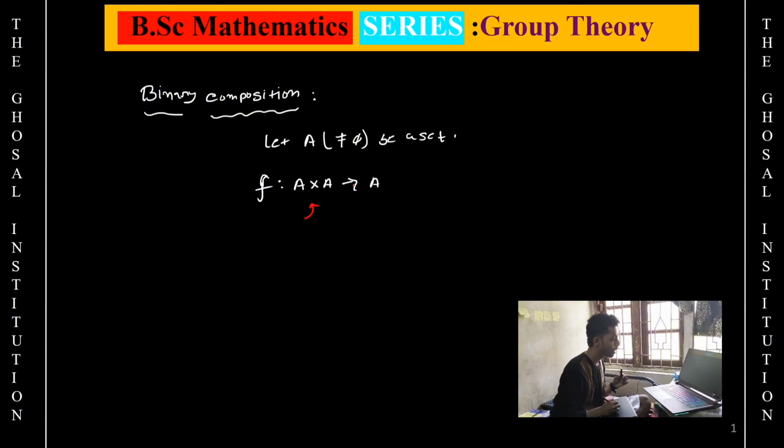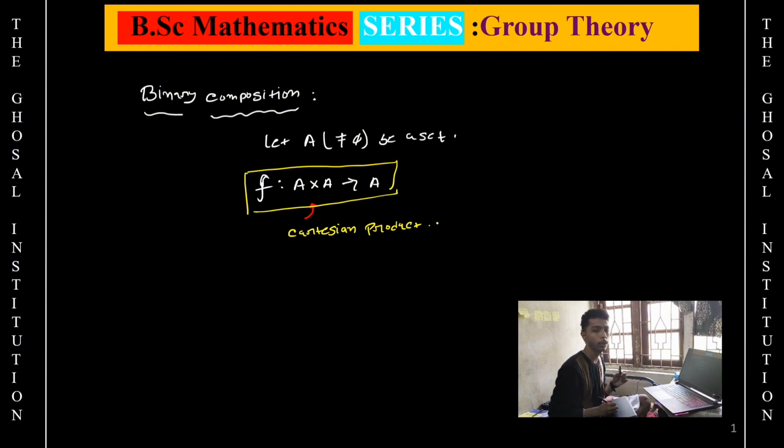A cross A is the Cartesian product. When you learned about relations, before that you learned about Cartesian product, right? So the binary composition is nothing but a mapping defined from A cross A to A.